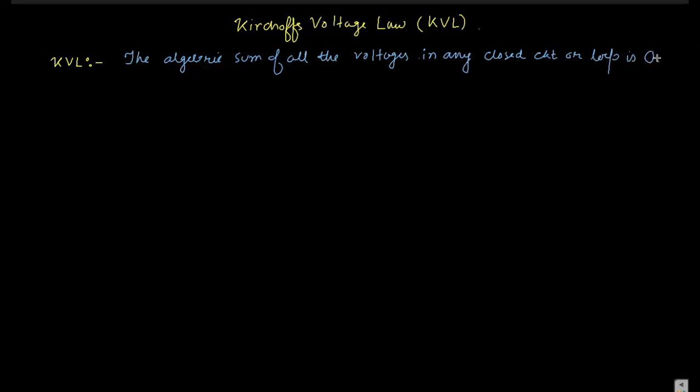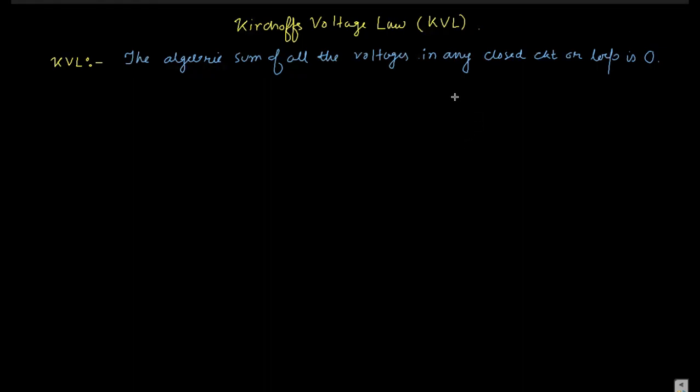It's a very easy statement. So what does it mean? To know it, we first consider a small circuit, and then after solving some numericals, you can get an elaborate idea about the KVL.